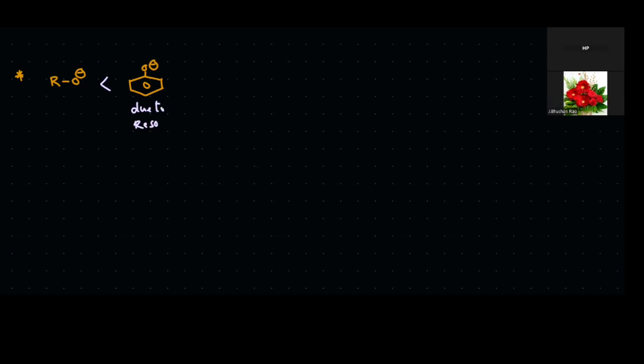The next one is also stability of ions: RO minus and RC double bond O minus. Which one is more stable? Again, this one only is more stable. Why? Because here this one is also involved in the resonance.